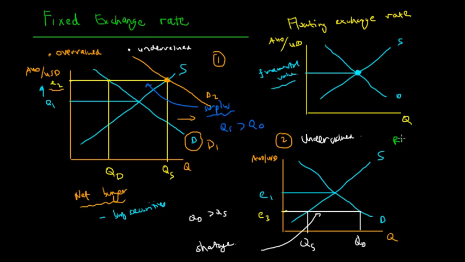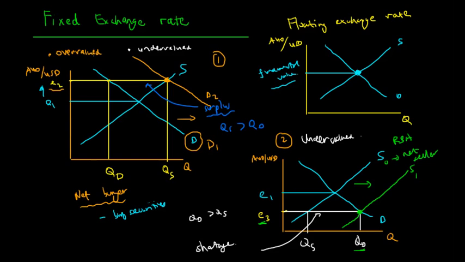So the RBA here acts as a net seller, or net supplier, of the Australian dollar. And what this means is they can shift the supply curve to the right to S1 from S0 here, and therefore meet a new equilibrium point here at the quantity demanded at the new undervalued exchange rate price at E3.